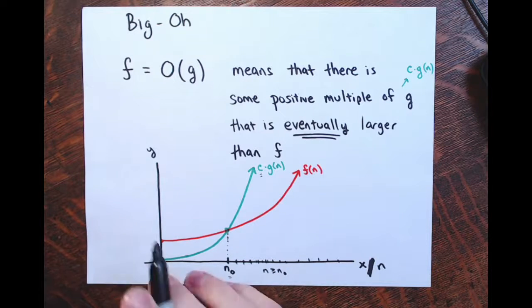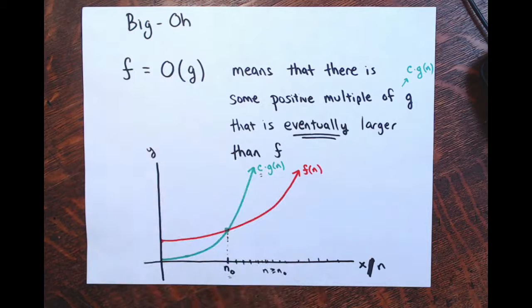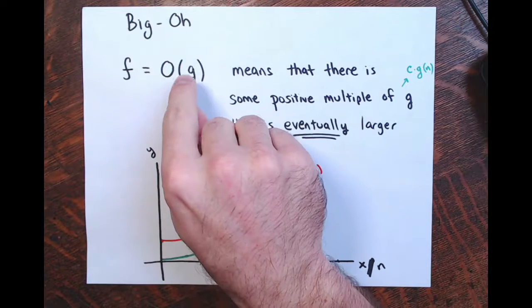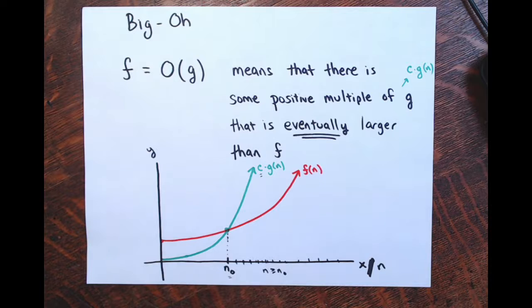So f is O of g just means that there is some positive multiple of g that is eventually always bigger than f.